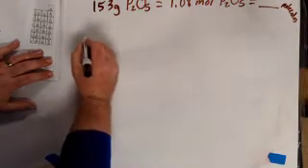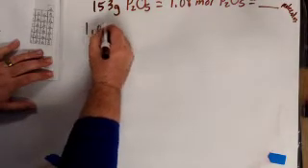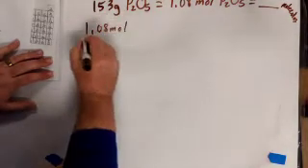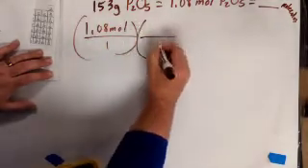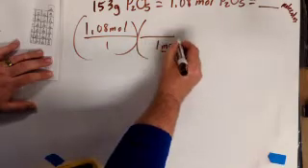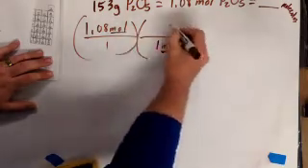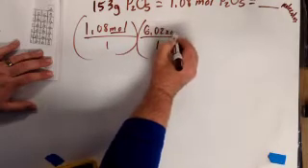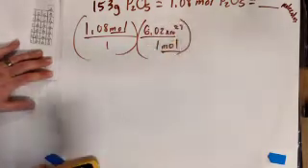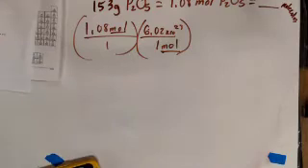Well, we know that 1.08 moles, okay, times, we'll put 1 mole down here because we want those things to cancel out. And up here, we're going to put 6.02 times 10 to the 23rd because any mole has that many particles in it.